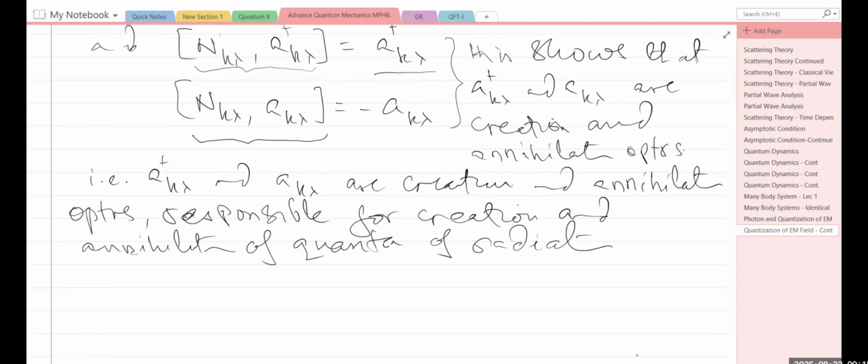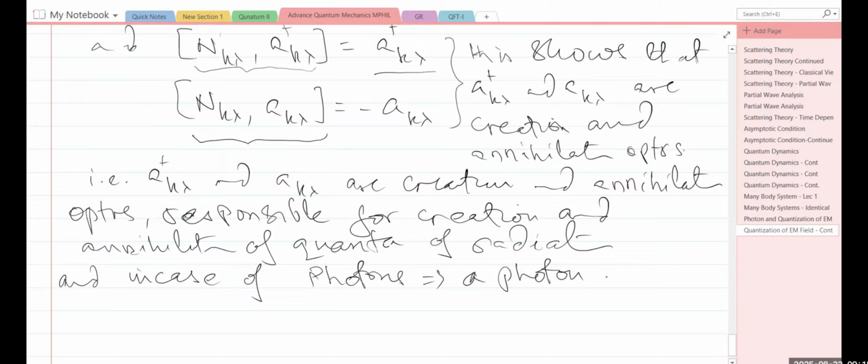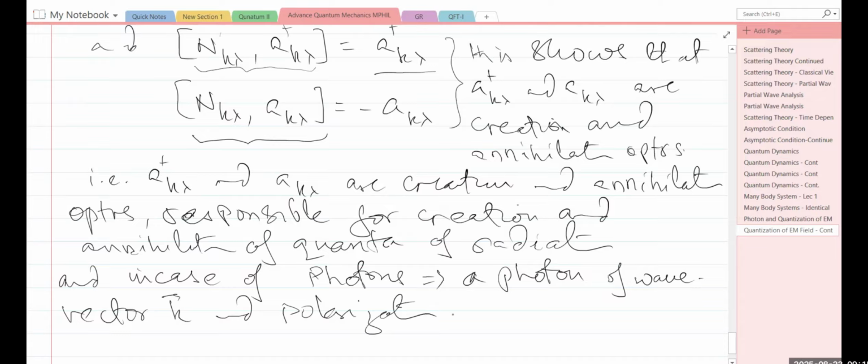And in the case of photons, we would have a photon of wave vector k and polarization epsilon k lambda.